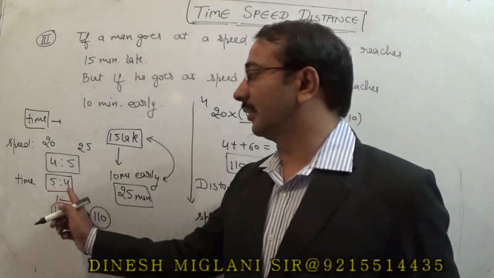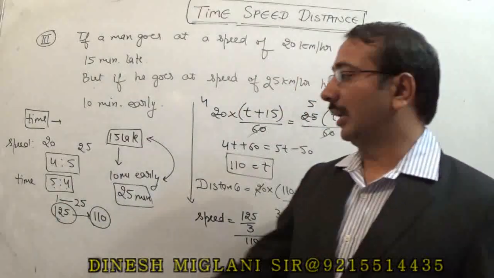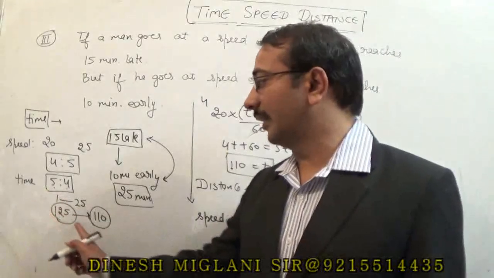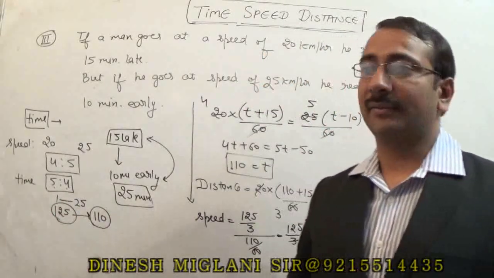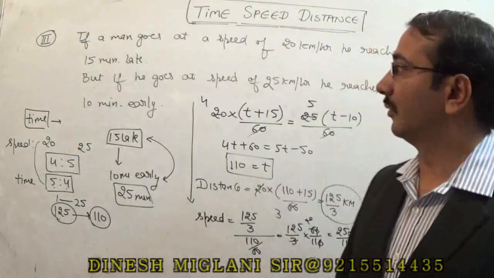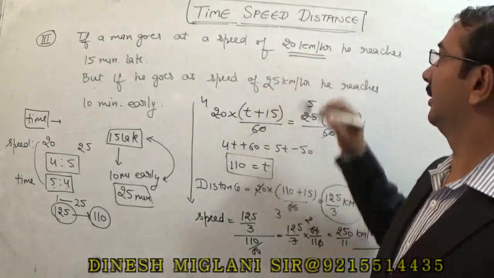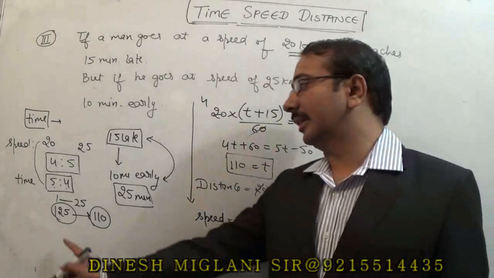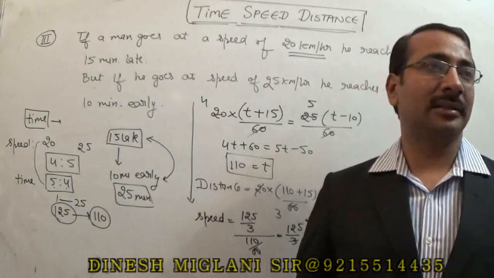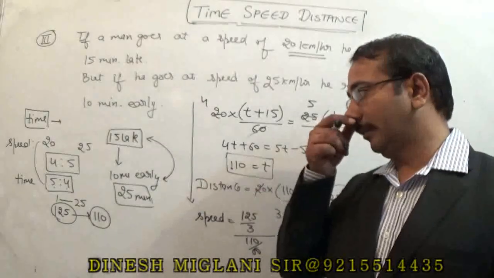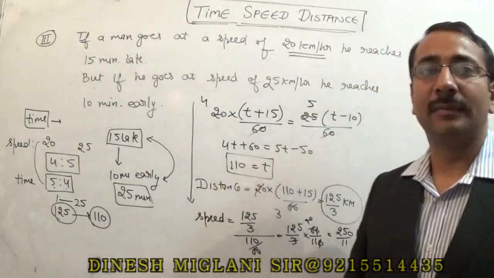Here the difference is equal to 1, so I can say 1 is equal to 25. We have to find this 5, so I can say 5 would be taken as 125. But this 5 is associated with the speed 20, and we know that when the speed was 20, he reaches 15 minutes late. It means when he took 125 minutes, that is 15 more than the initial one. So I subtract 15, and my time would be 110 minutes.